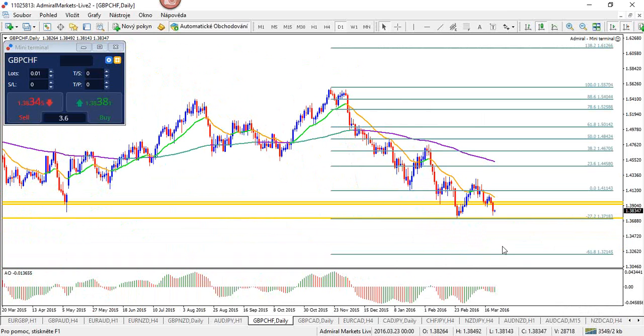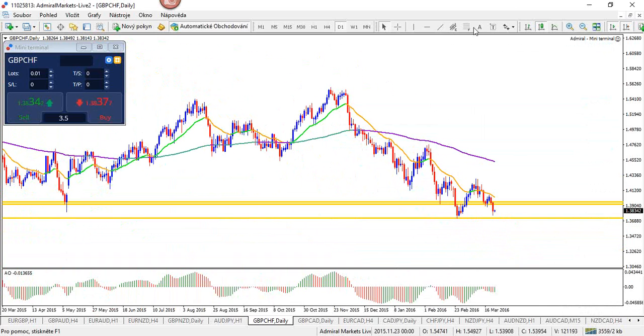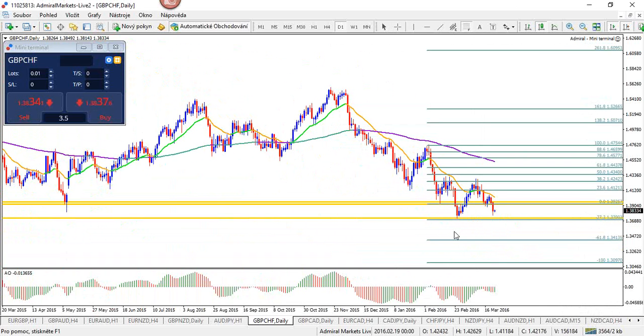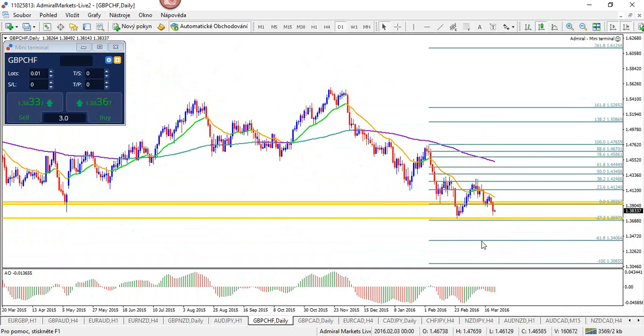let's see. Well, that's a very wide target, but it could go all the way down to the minus 61.8, but I don't know if you want to hang in for that long. If we use a closer target, maybe this swing high, swing low, minus 61.8 could be 134.